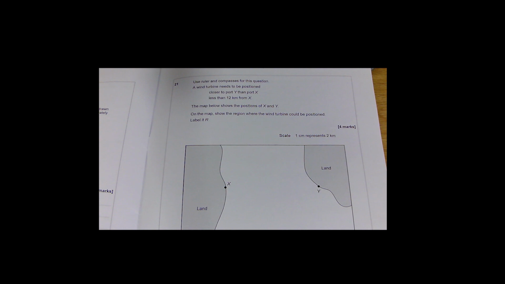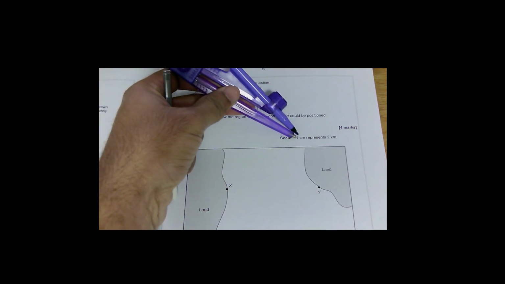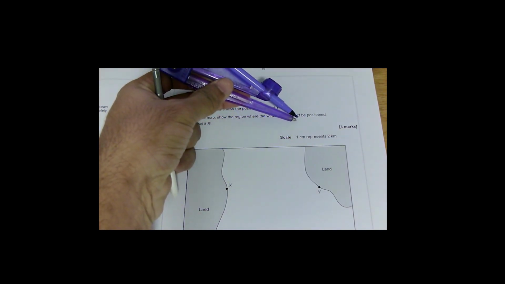So first, we're going to mark the 12 kilometer radius from x. Now we know that 1 centimeter represents 2 kilometers.